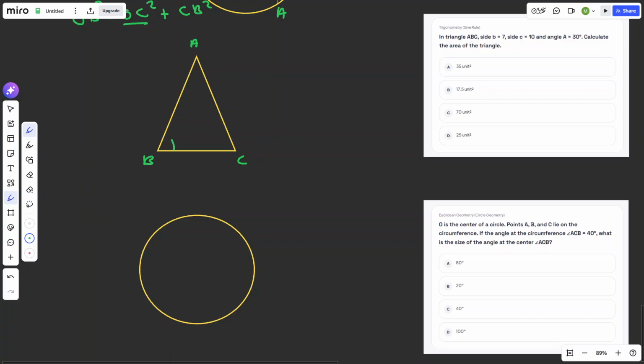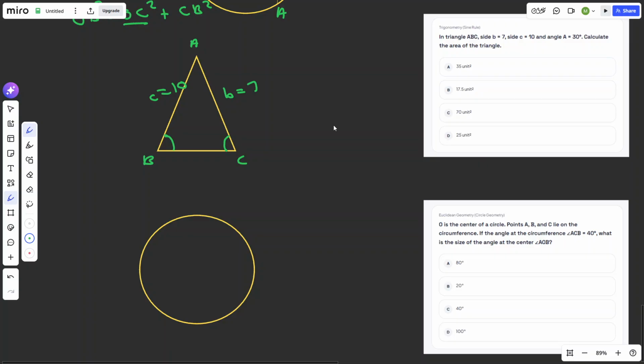So here we've got angle B, opposite to it is the length b. So here b is 7. Next is C. You see C here, opposite to that is this side here. So c here is equal to 10. The lowercase c denotes a scalar quantity, the length, and the uppercase C denotes the angle.